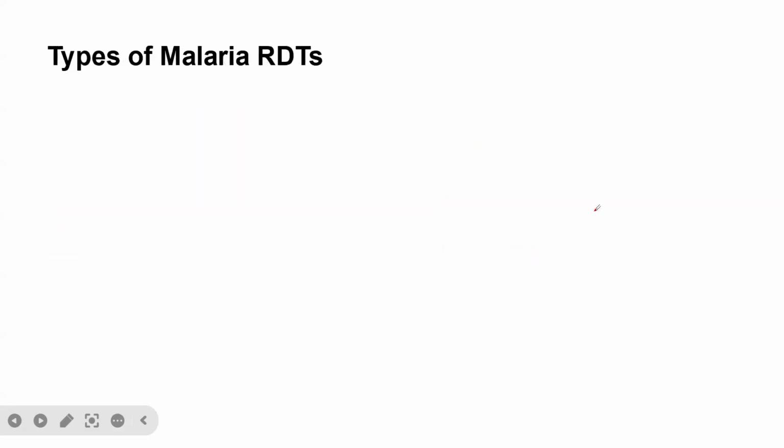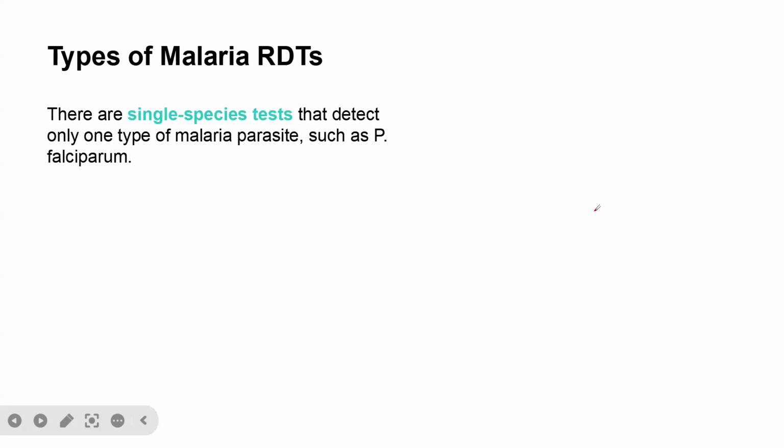So of course, ladies and gentlemen, we have different types of malaria RDT tests. We have single species tests that detect only one type of malaria parasite, such as Plasmodium falciparum. So there are different test kits. There are malaria RDTs that detect only one species of the malaria parasite.